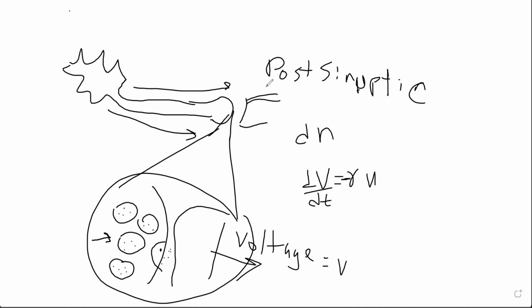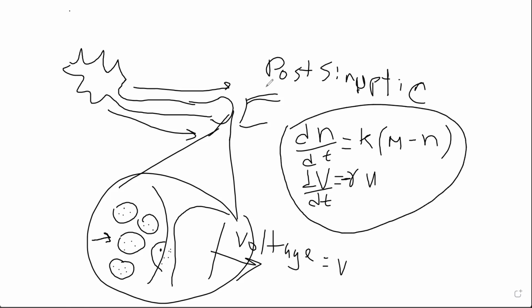So the number of vesicles in the presynaptic cell, we're going to assume that it's going to increase until reaching a given maximum. So it's going to be K times this maximum M minus N. Okay, so essentially when this N is equal to M, there's no more production of vesicles.